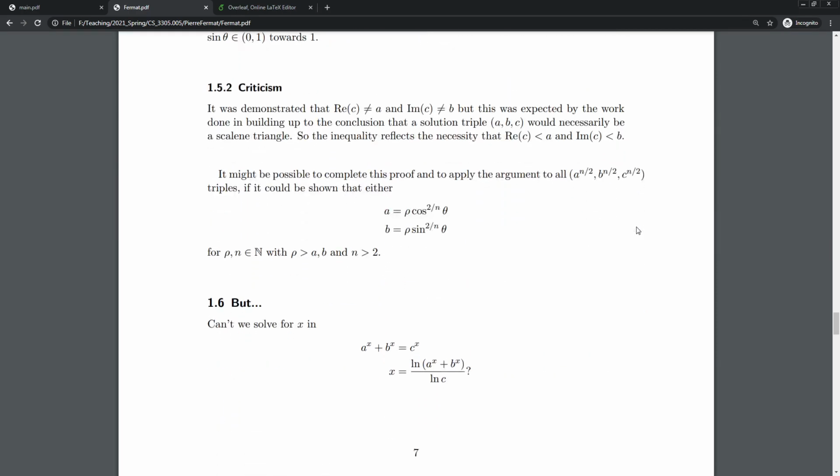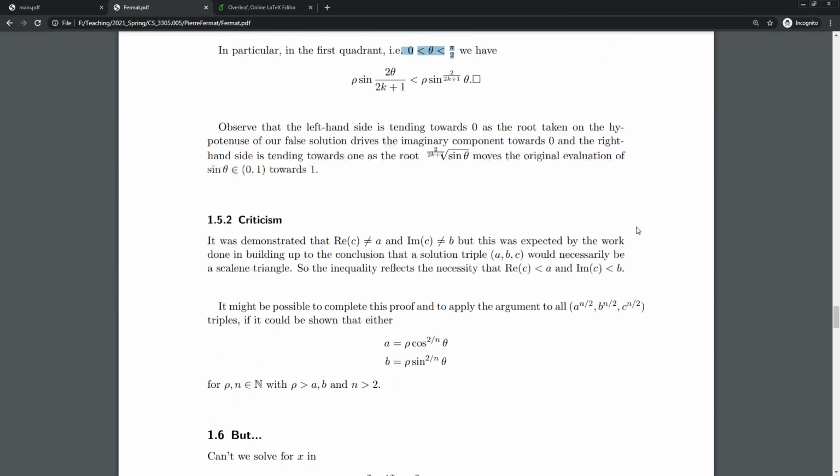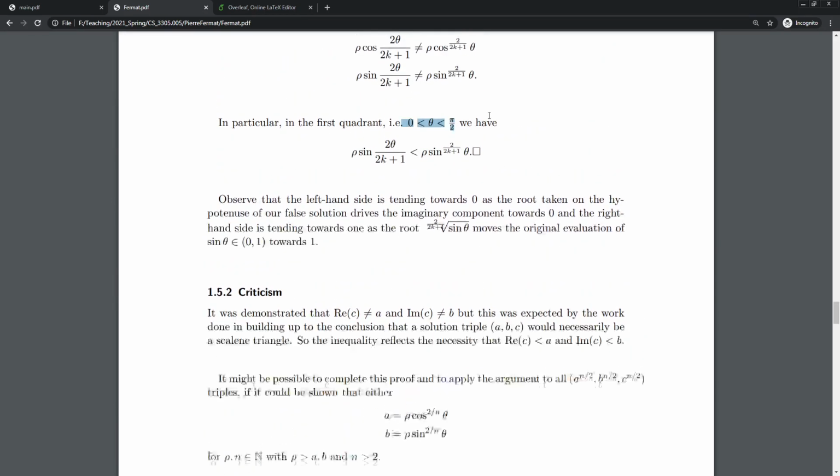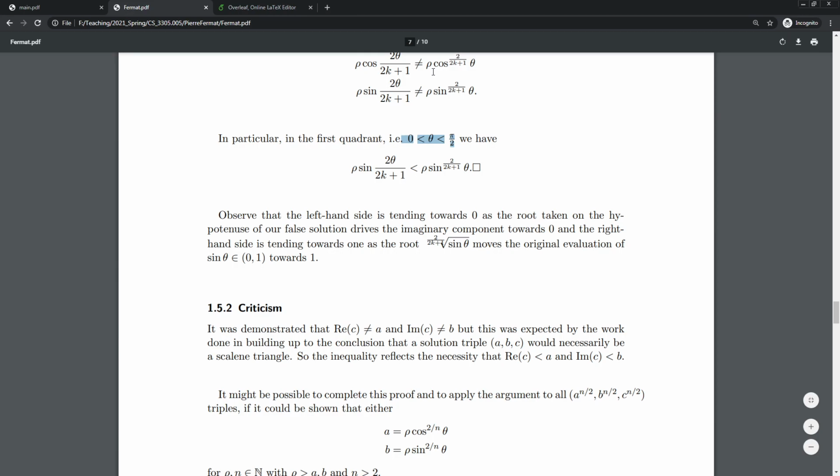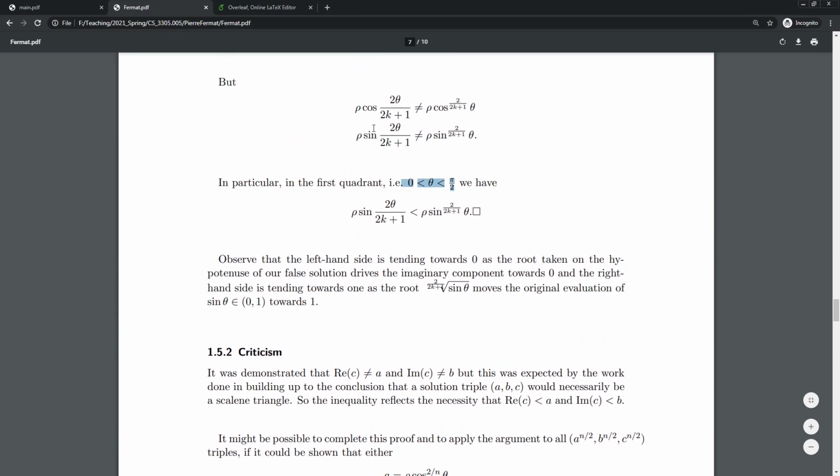But we had gone through all that work to establish that it would be a scaling triangle. And so in some sense it makes sense that a and b would necessarily be larger than the real and imaginary parts of c whenever we take that nth root.